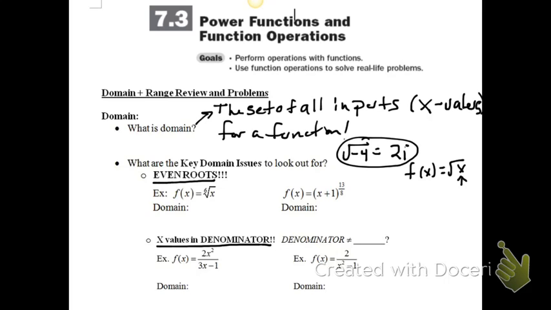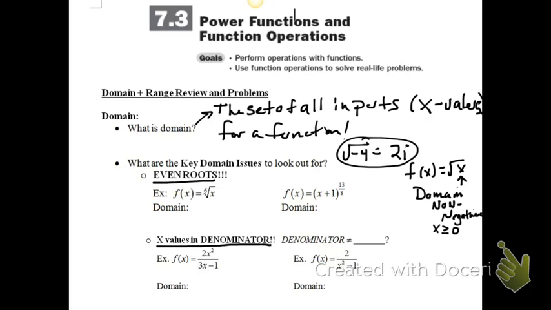So we would have to say for our domain, we'd only want to plug in non-negative numbers. Another way of saying non-negative would be x values that are bigger than or equal to 0. So the smallest value we would be able to plug in would be 0, and then anything larger, which would prevent any negatives from going in there.